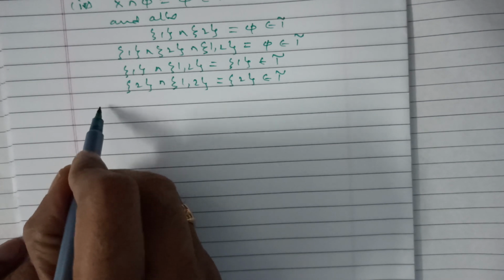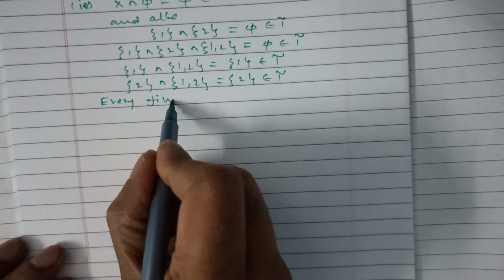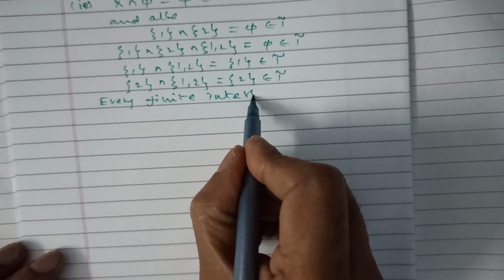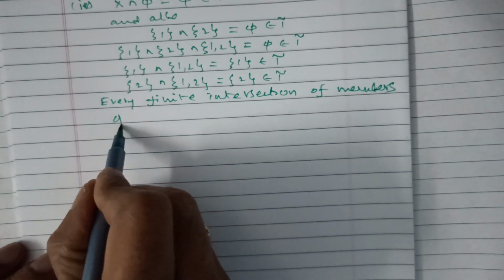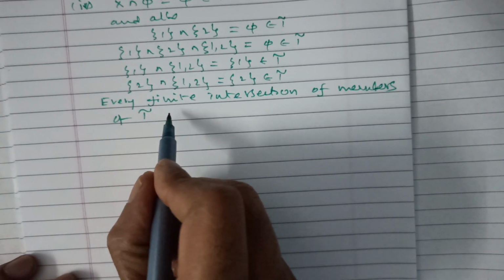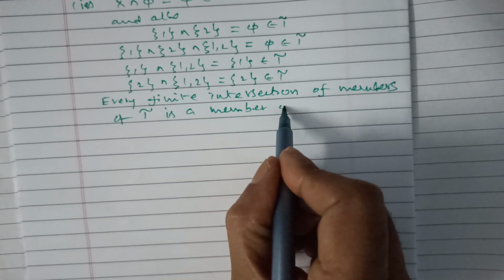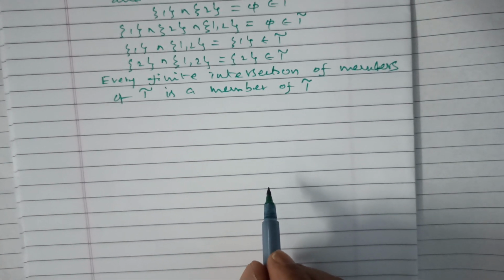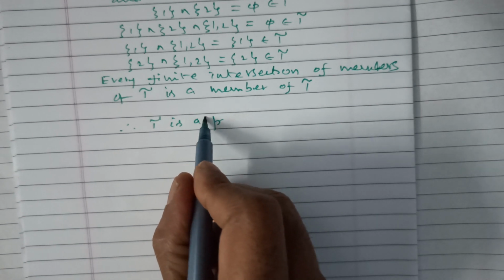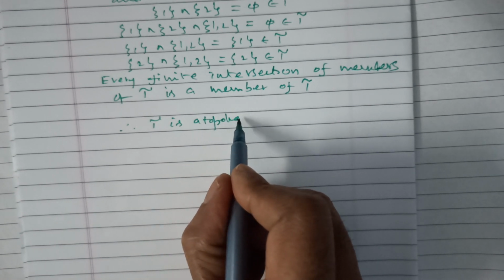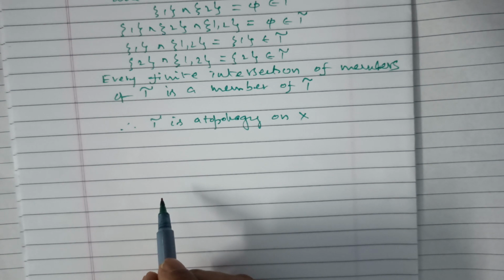By seeing like this, we can conclude that every finite intersection of members of tau is a member of tau. Therefore, tau is a topology on X.